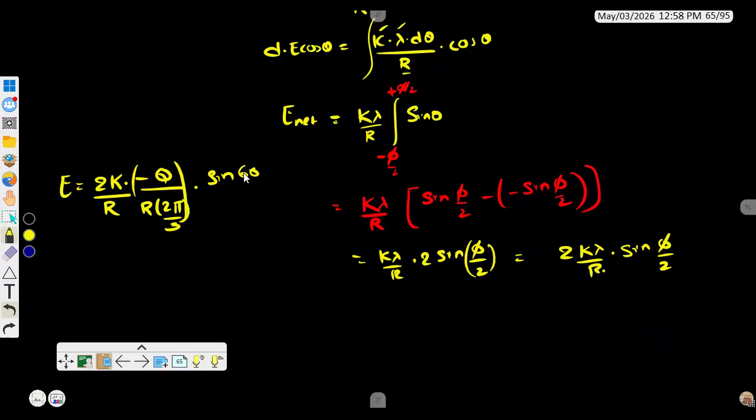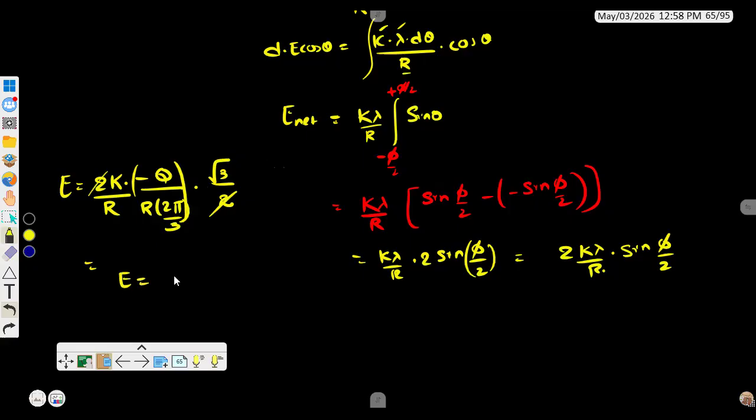Because this center angle is 120, half of 120 is 60 degrees. How much is sine 60? That is root 3 by 2. The 2 and 2 get cancelled out.